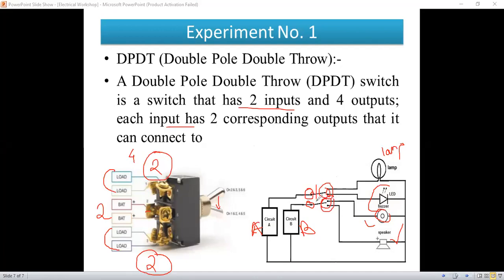If suppose we want to do it in single throw, suppose this is a common terminal and this is one type of switch. Just one throw, and all terminals can be connected.